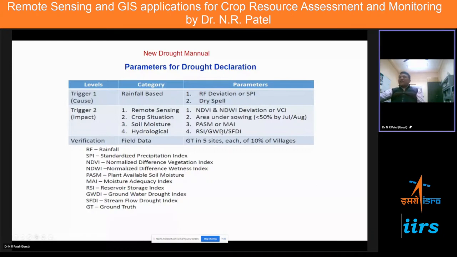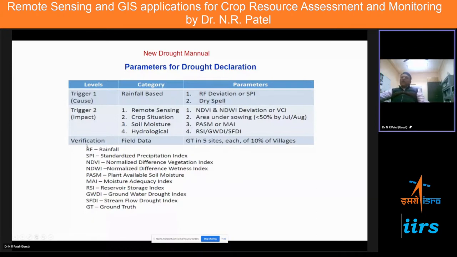Out of 4 criteria, 3 criteria are used to define the drought, the second trigger, whether it is a severe drought or moderate drought. If 3 out of 4 criteria meet the severe drought category, then you can classify that particular area as severe drought. You can reduce this severe drought category to the moderate category based on the third approach, called verification.